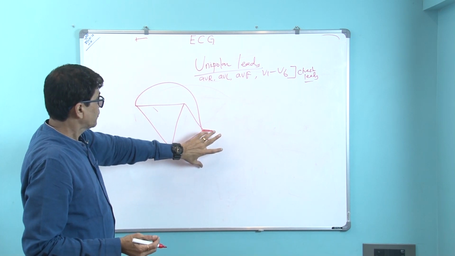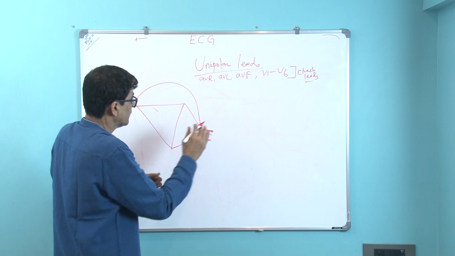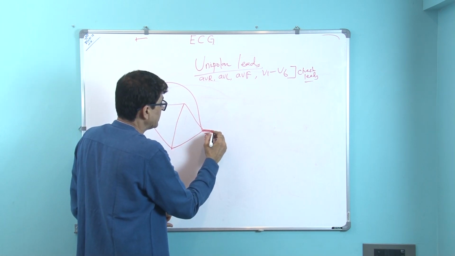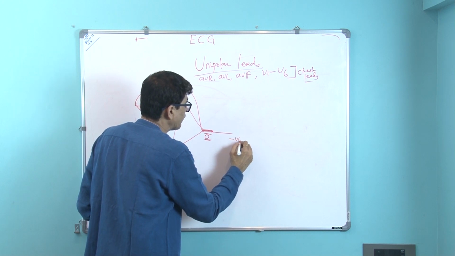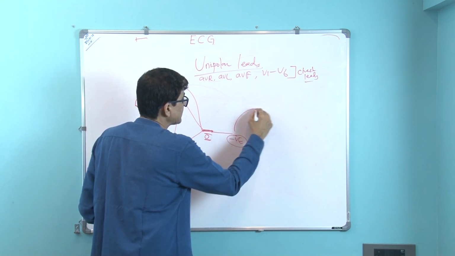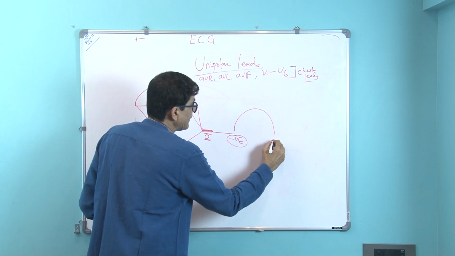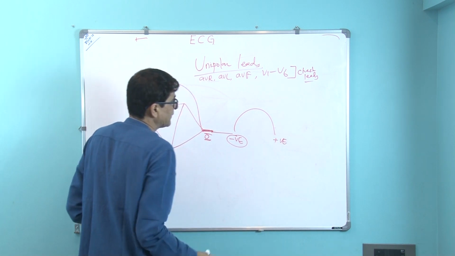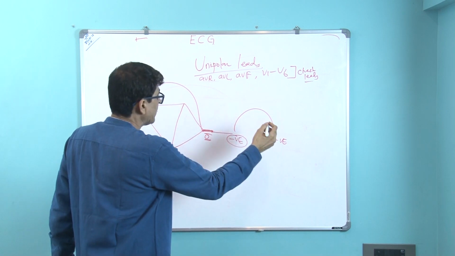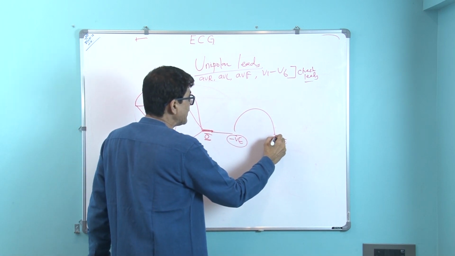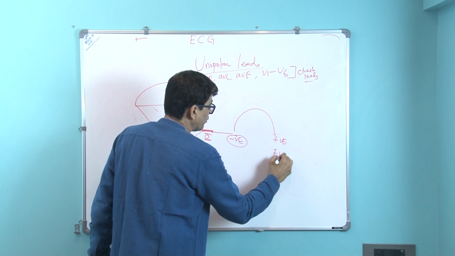Now, what he did, he connected this to the negative pole of the galvanometer. Suppose this is the galvanometer, this is the negative pole and this is the positive pole, and this positive pole electrode is an exploring electrode.